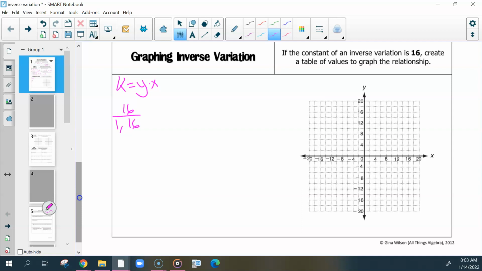What are some others? 8 and 2, 4 and 4. Right, so for these, we're going to make a table with these values. Doesn't really matter which one is which.